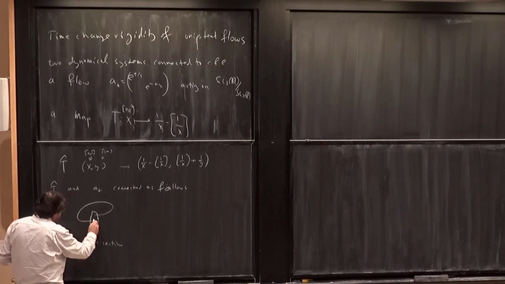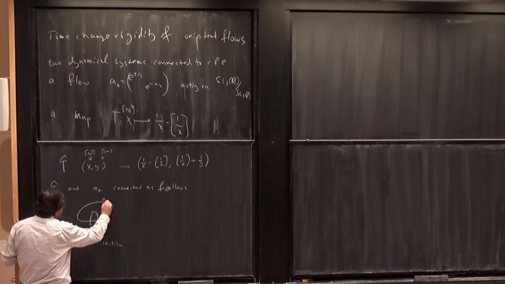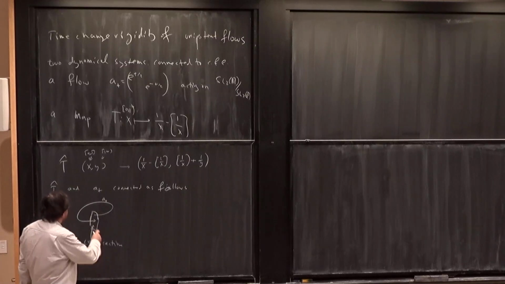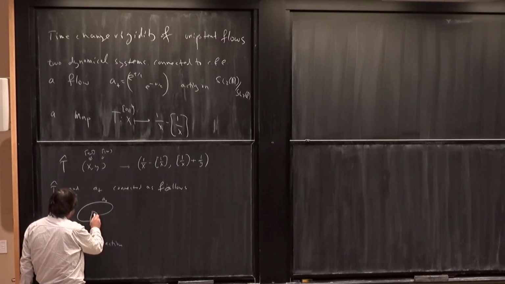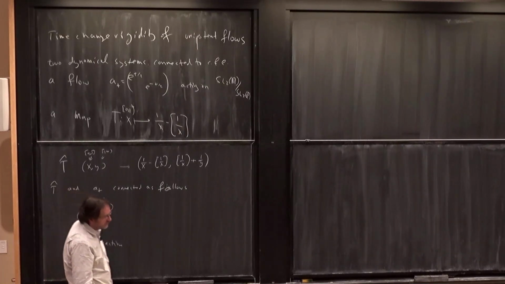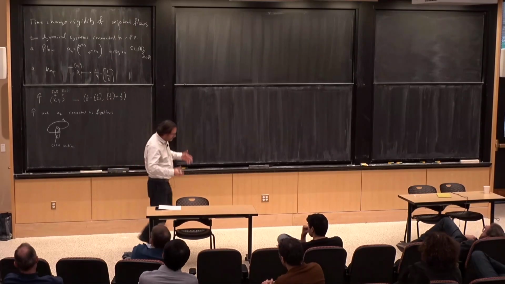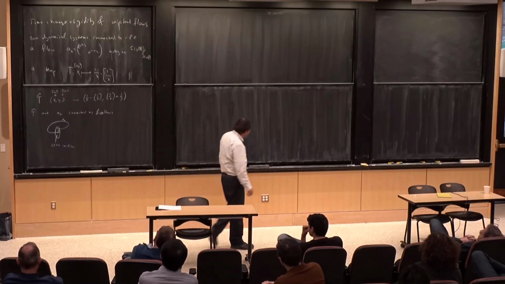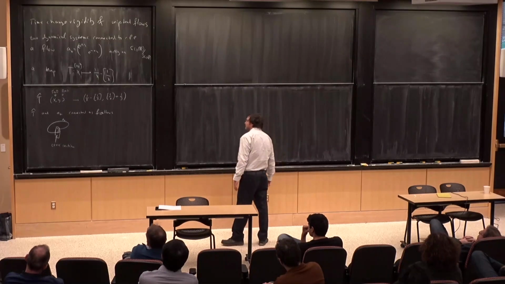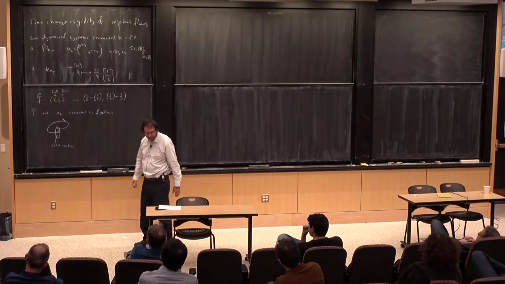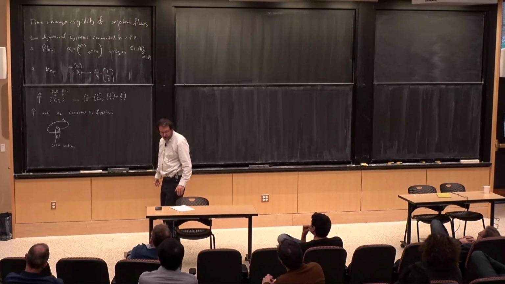And when you go along A_t, the first return map is going to be exactly, so this is a point x, this is going to be T hat of x. So this is a relation you could have between a flow, an action of R, and an invertible map, which is an action of Z.